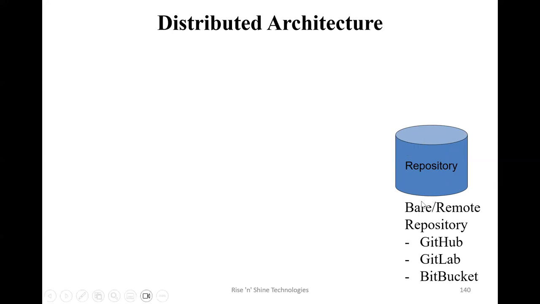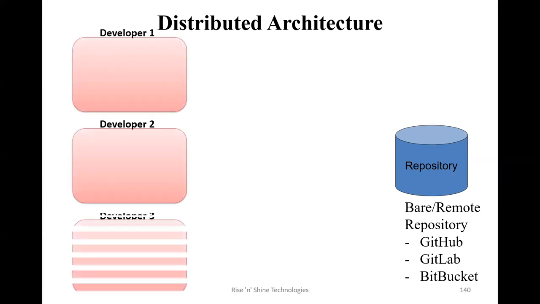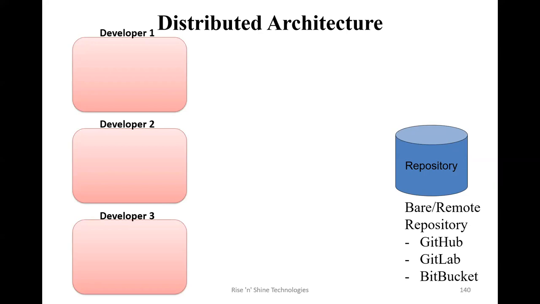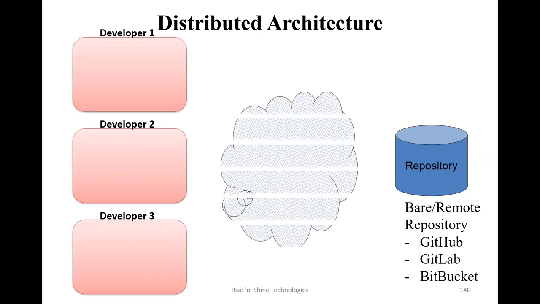Once the remote repository is available, how can developers get the code? Obviously a network is required. Suppose I'm a developer who joined the project and they are using GitHub, GitLab, Bitbucket or some such tool.